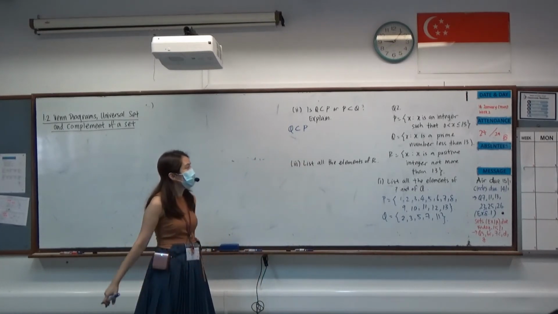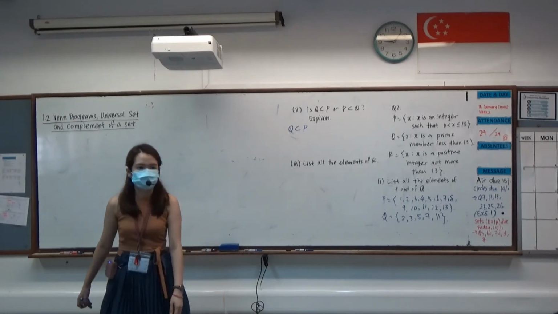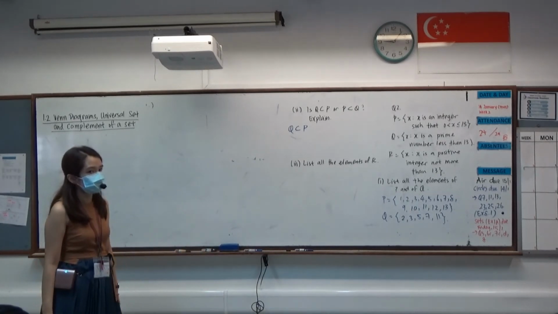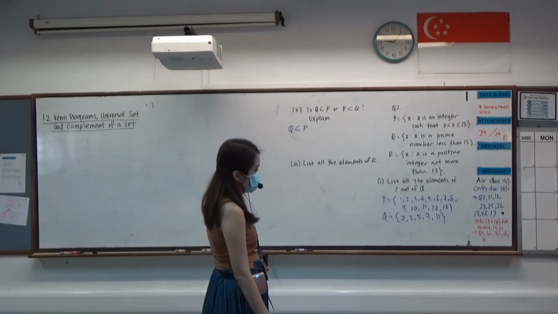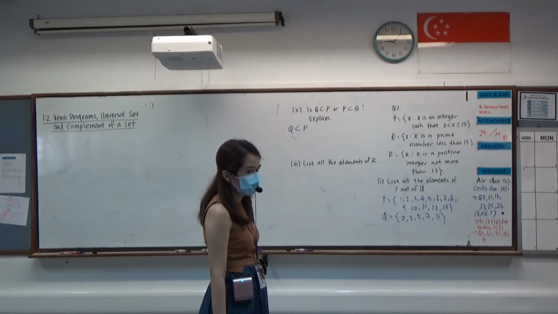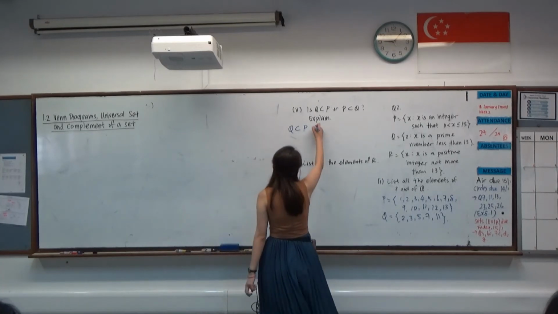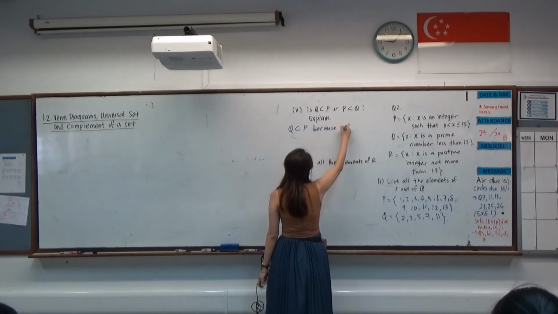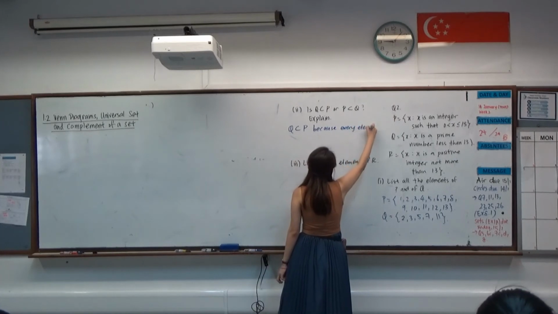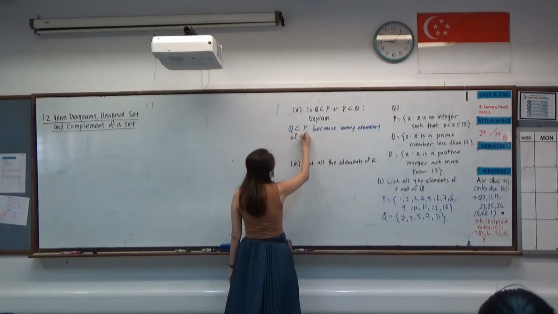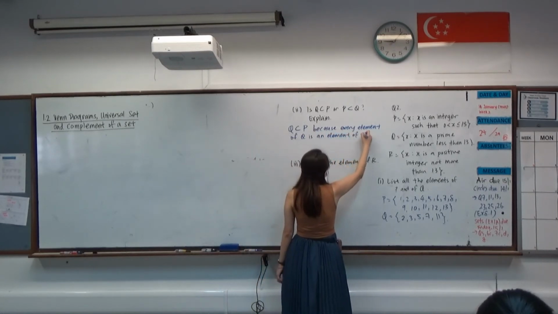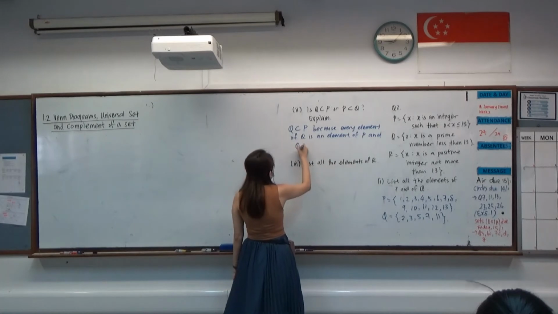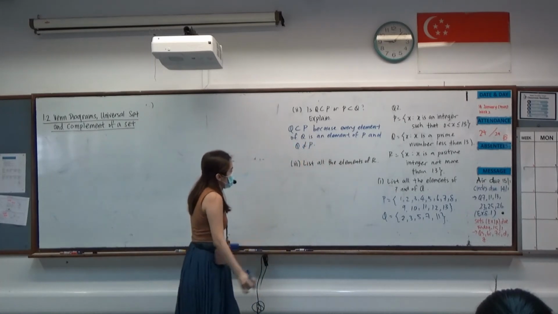So explanation, Shami? Okay, very good. So the reason is because every element of Q is an element of P and Q is not equal to P. Okay?